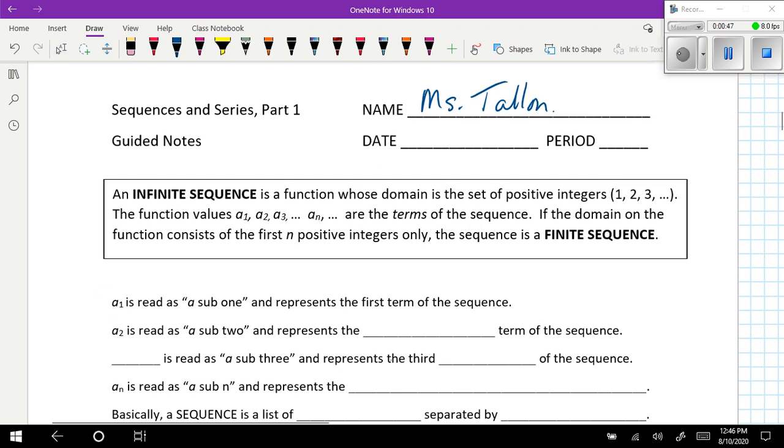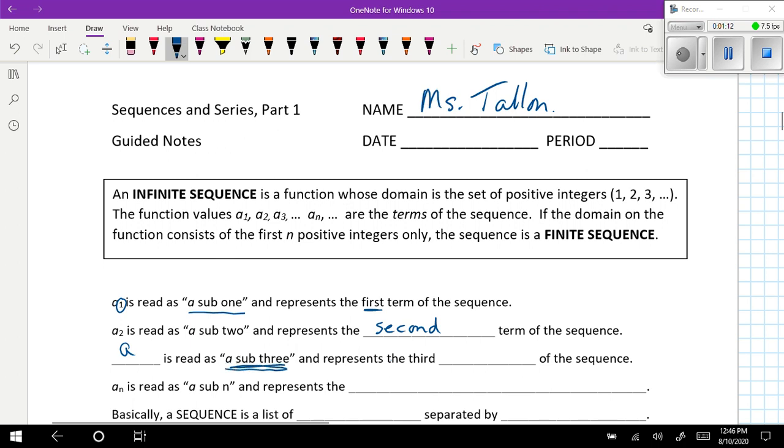This right here is a sub 1, and it represents the first term of the sequence. First term because of this 1 sitting right there. A sub 2 is read as a sub 2 and represents the second term of the sequence. Now what is it that's read as a sub 3?